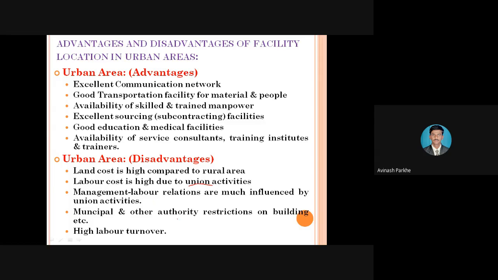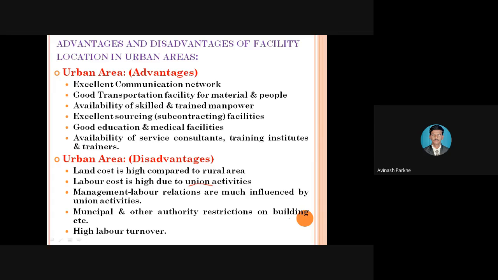Then, municipal and other authorities' restrictions on the buildings. You know that in the urban areas or in the cities, the municipal authority persons are sanctioning the FSI. You know about FSI. Whenever we are starting our building, how many floors are sanctioned by the municipality? 3rd floor, 4th floor.